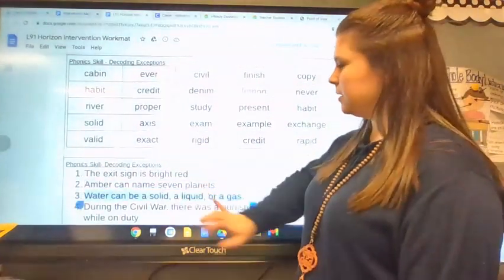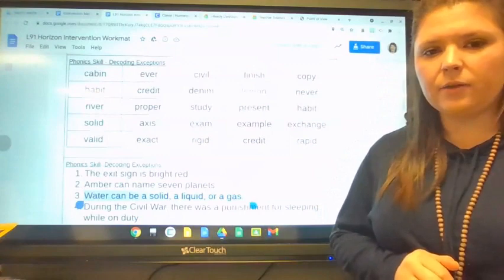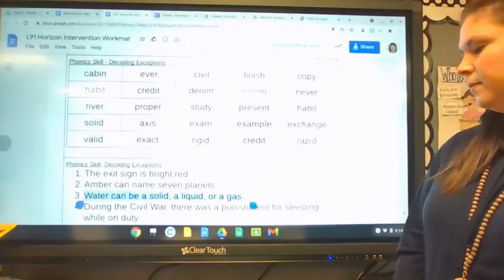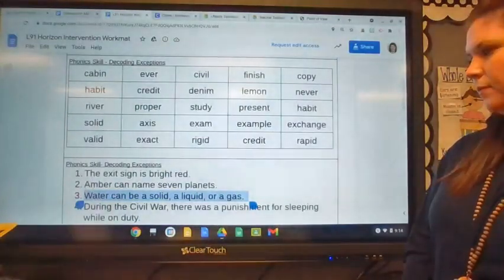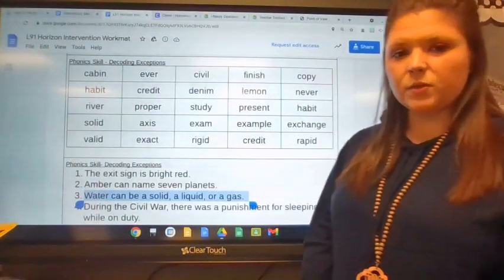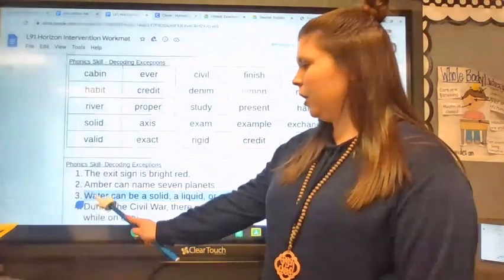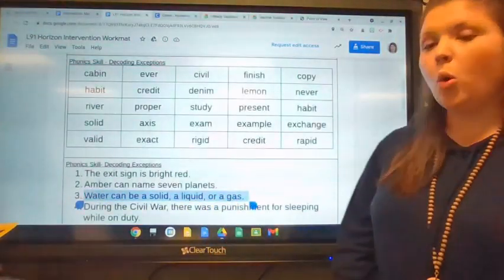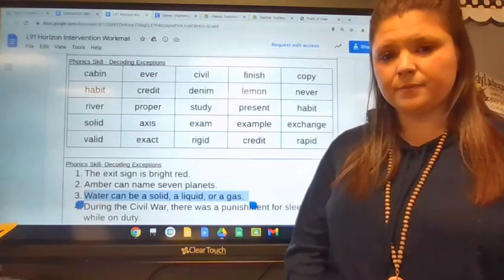Okay. Sentence number 3. Go ahead and read sentence number 3. When you're done, give me a thumbs up. All right, let's read that sentence together. Ready, read. Water can be a solid, a liquid, or a gas. What can water be?